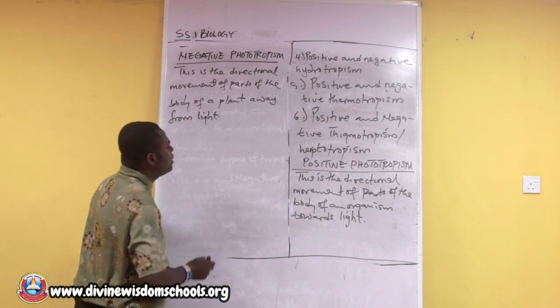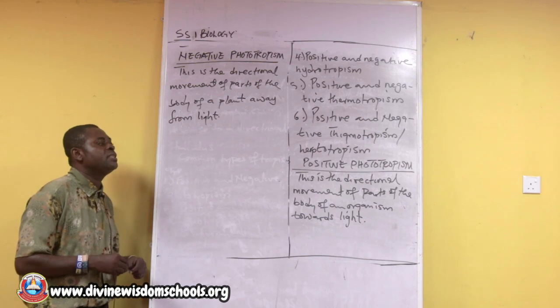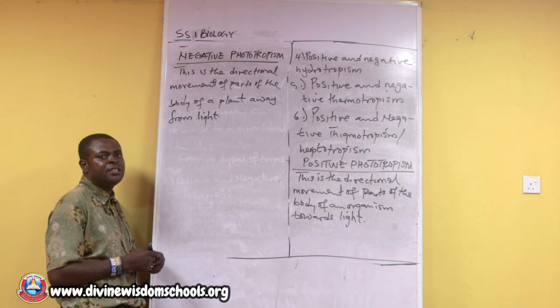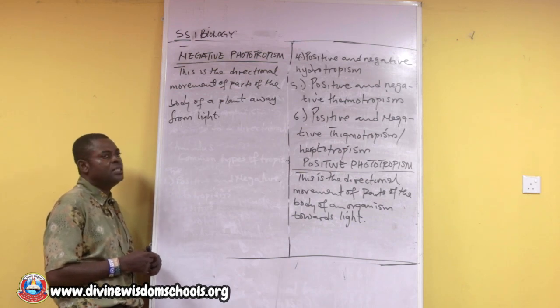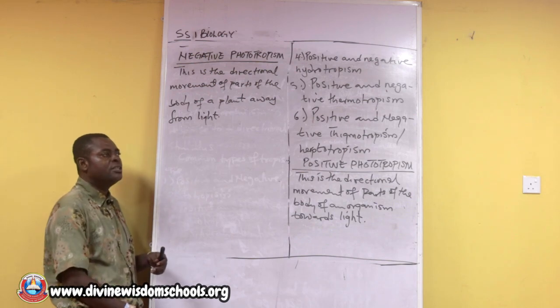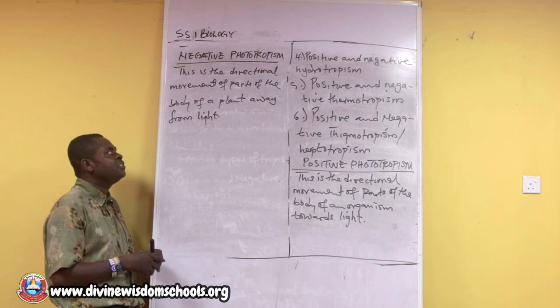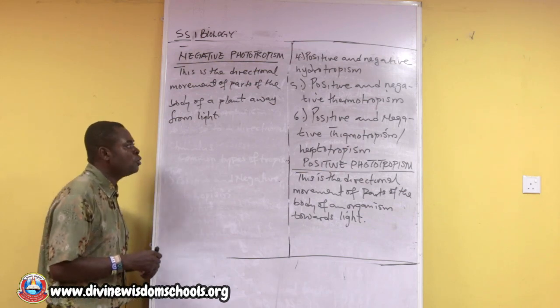So another wild question I've seen in OBJ, they say the growth of the root of the plant is dash. Answer is what? Negative phototropism, because it's moving downward and light is upward. So root is going downward. So the growth of the root of the plant is undergoing negative phototropism.